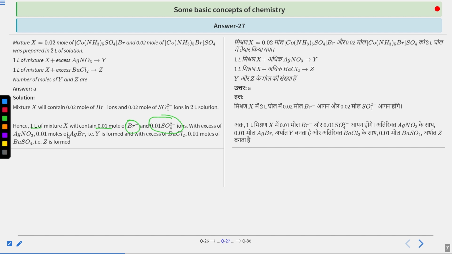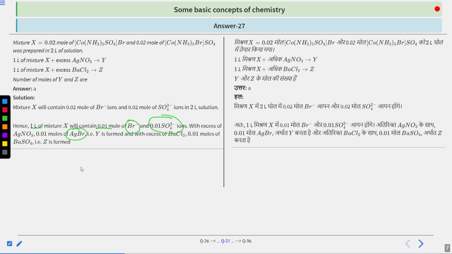Each Br gives one molecule of the precipitate. Therefore, we have 0.01 mole of Br minus, so we will get 0.01 mole of AgBr, because AgNO3 is in excess and we don't have to worry about it. Similarly, since we have SO4 2 minus at 0.01 mole, here also we will get 0.01 mole of BaSO4 from the other solution.